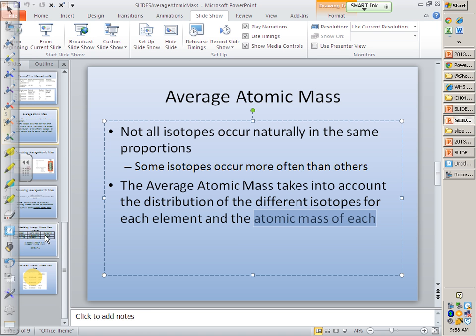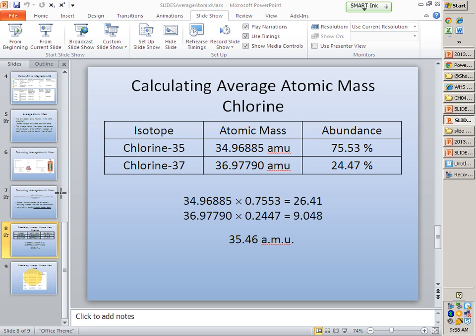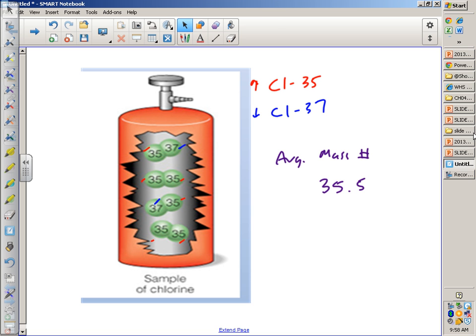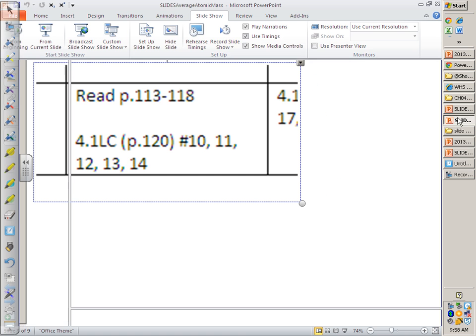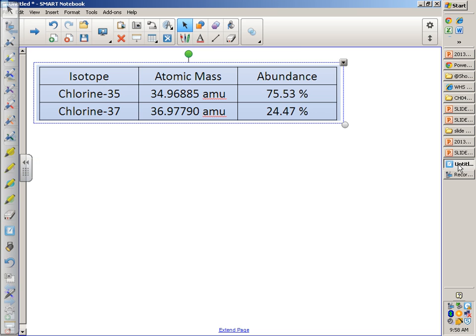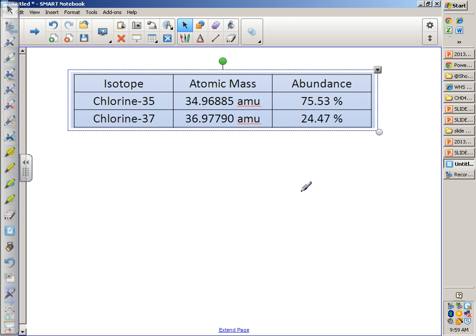So if we go to this table that's on the back side of your outline, we have some actual data related to these chlorine isotopes.